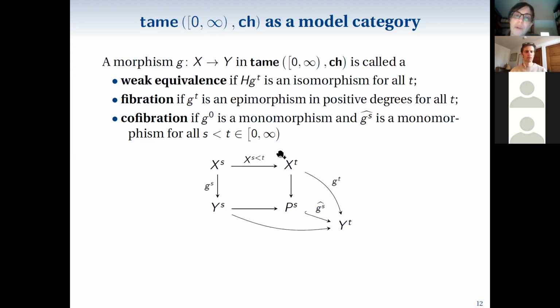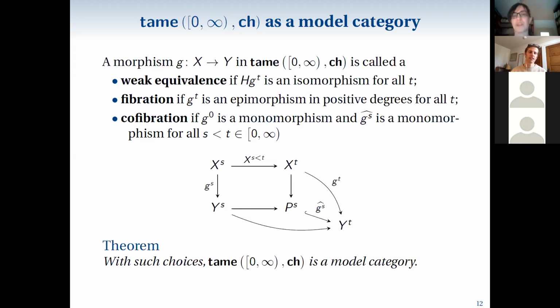And since both X_t and Y_s are mapping to Y_t, with the map G and with the transition morphism, there is one unique morphism from the push out to Y_t. What I'm interested in is to be sure that this morphism is a monomorphism. It's a little trickier, but this was the technicality of it. And with these choices, we have that tame is a model category.